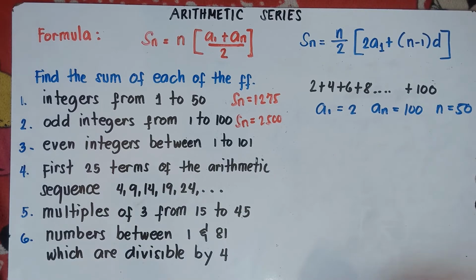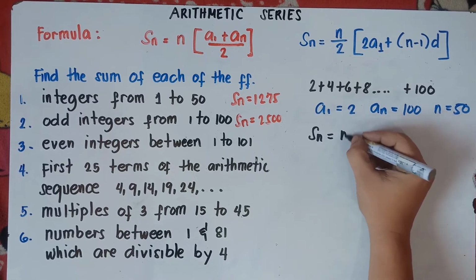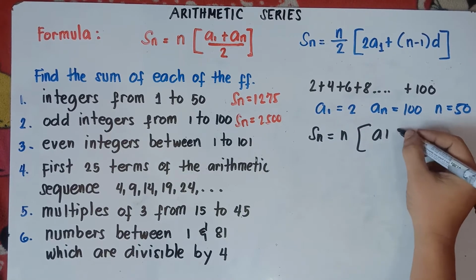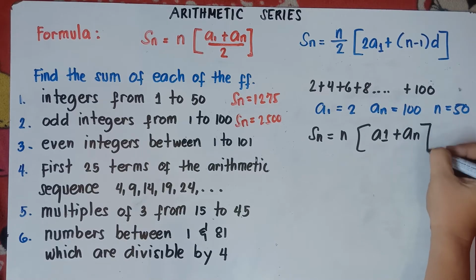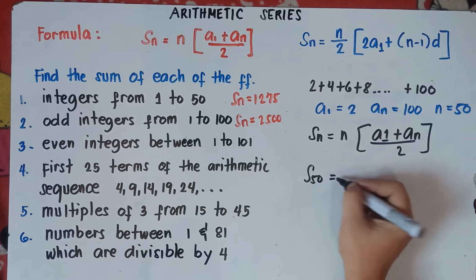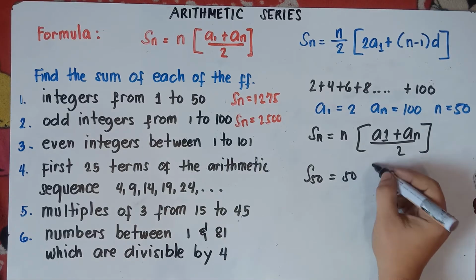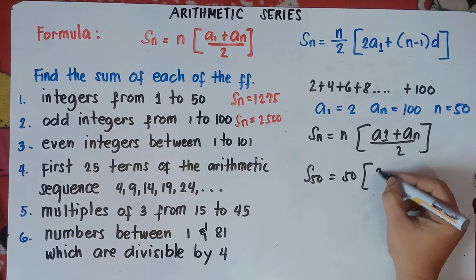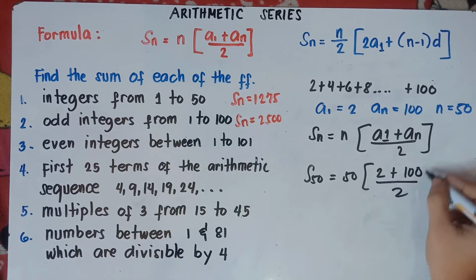and the number of terms is 50. So the formula: S sub n equals n times the first term, a sub 1, added to the last term, divided by 2. So S sub 50, the sum of 50 even integers between 1 to 100: n is 50 times the first term 2 plus the last term 100, divided by 2.